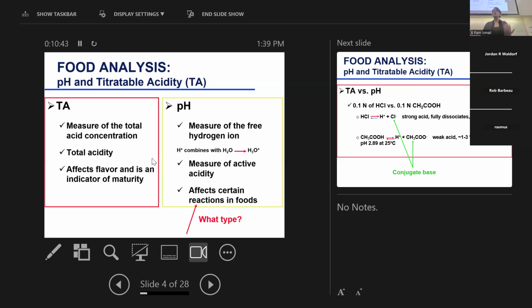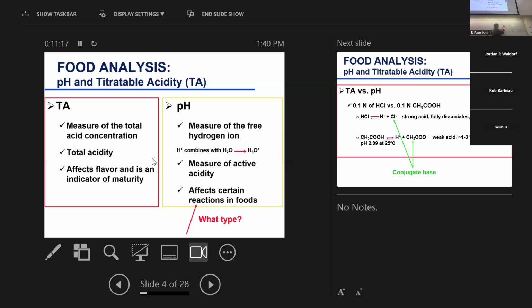So pH, we measure the free hydrogen ions, the dissociated hydrogen ion. In water, H2O breaks down into hydronium ion and hydroxyl ions. So hydronium ion, basically your H2O picked up a proton, or your H2O lost the proton.